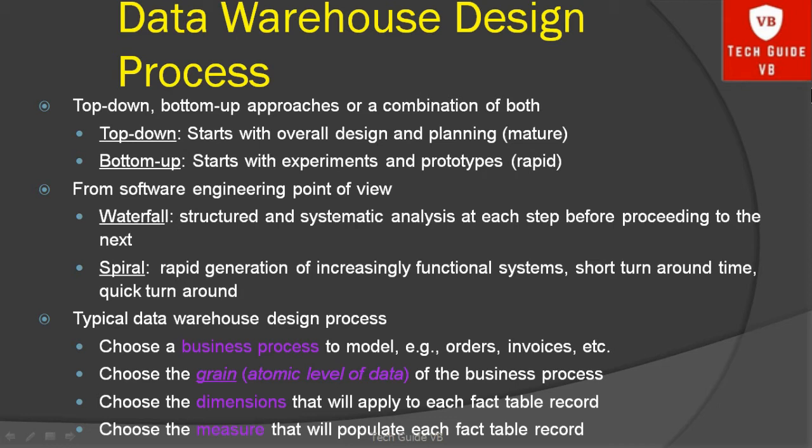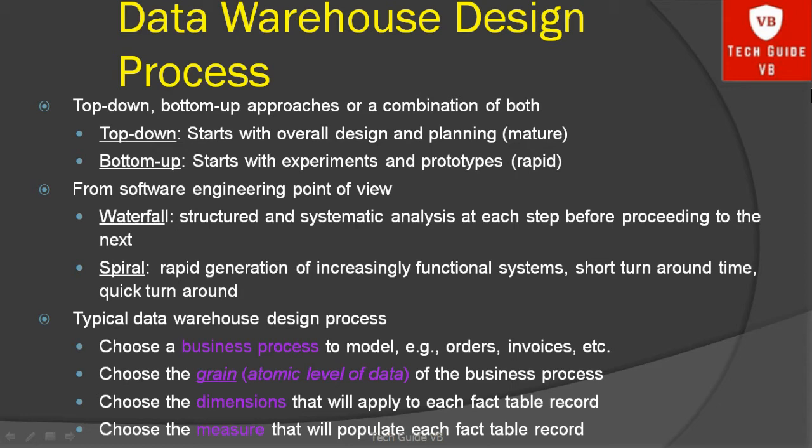Then the typical data warehouse design process has particularly four steps. First, choose a business process to model, for example, orders, invoices, etc. What we have to do is first choose the business process.